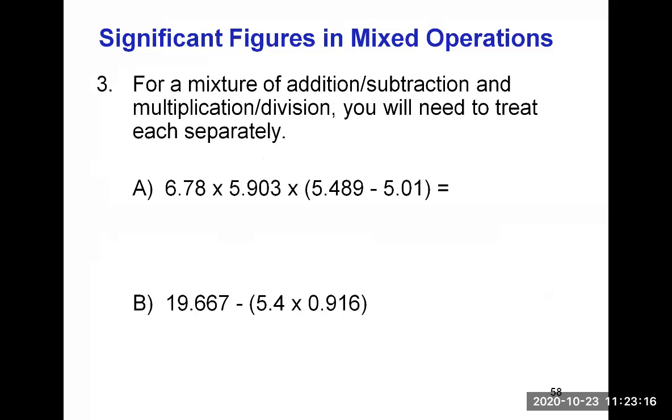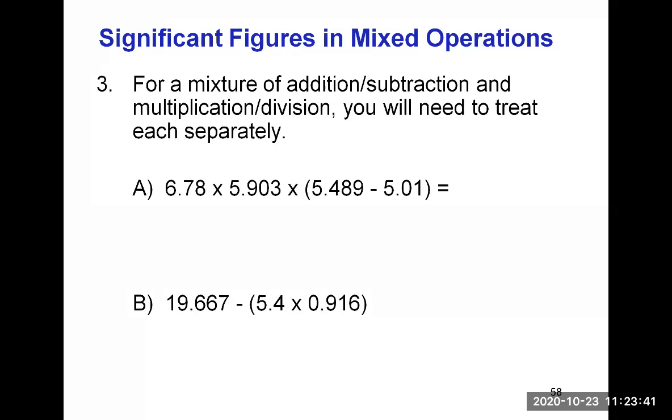So PEMDAS says you need to do what's in parentheses first, then the exponent, the M is for multiplication, D is for division, A is for addition, and S is for subtraction. So let's look at the examples here to understand how to do this.